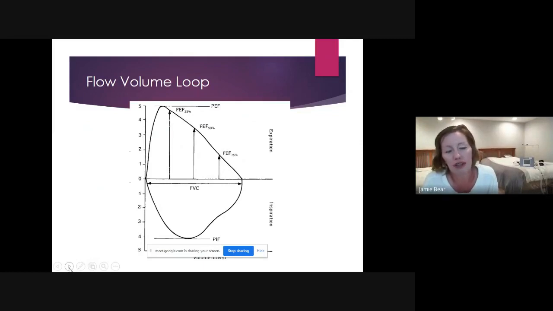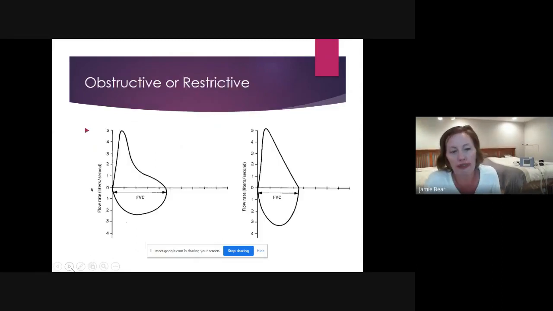Okay, so back to the flow volume loop. Once again, we have the expiratory portion up here and the inspiratory portion on the bottom half of the curve. Okay, so of course, looking at the different shapes will tell you a lot about the patient's condition. So we have here a patient that initially took that big blast and had a good initial response, but if you look, then it became really concave or scooped out pattern.